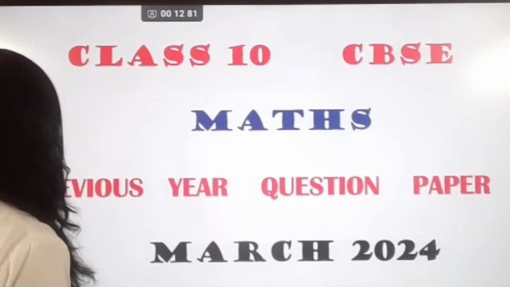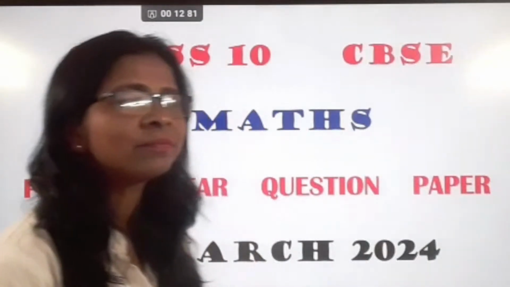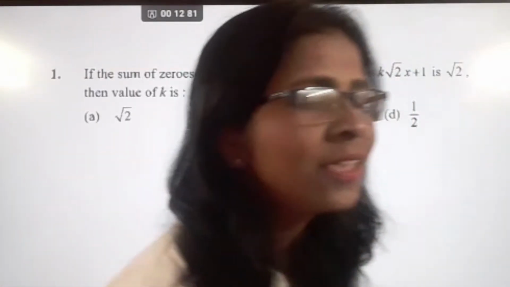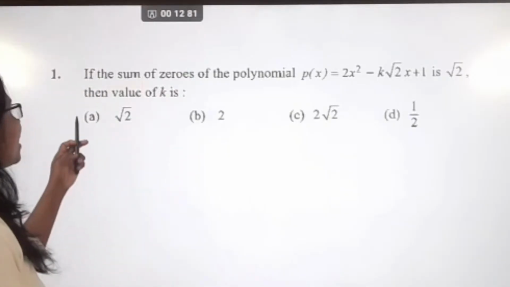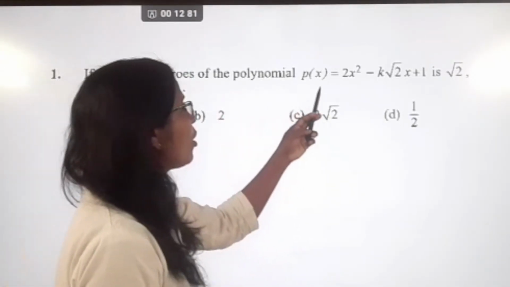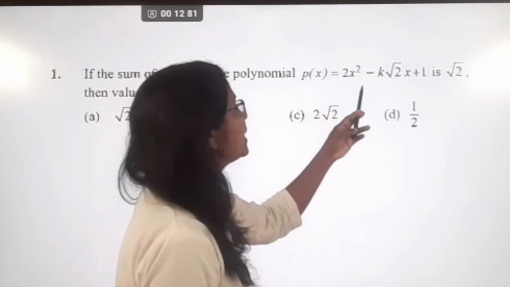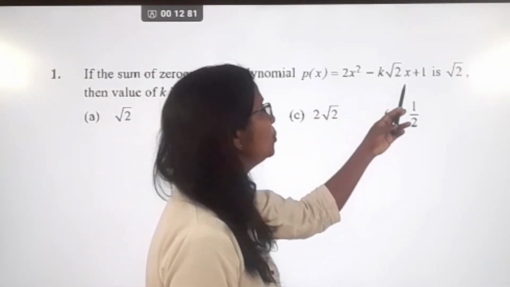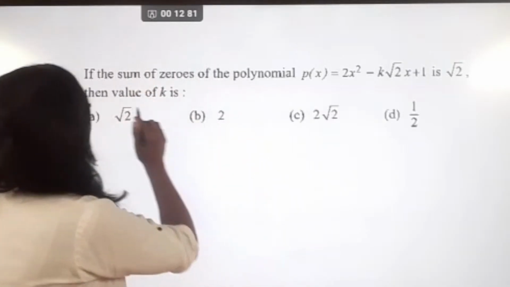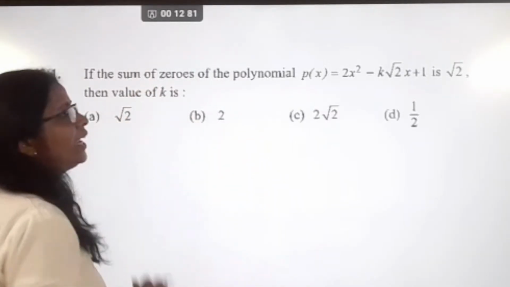So first one students, see the first example. If the sum of zeros of the polynomial p of x is equal to 2x square minus k root 2 x plus 1 is root 2, then value of k is.